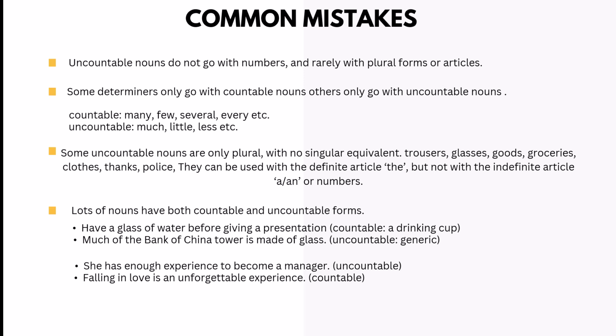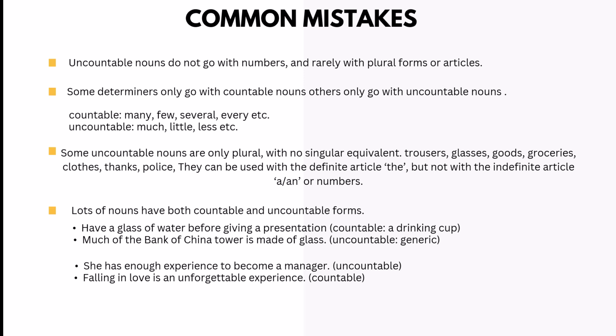Alright, the next point is that some uncountable nouns are only plural with no singular equivalent. We have some nouns that are only in plural and they have no singular equivalent.